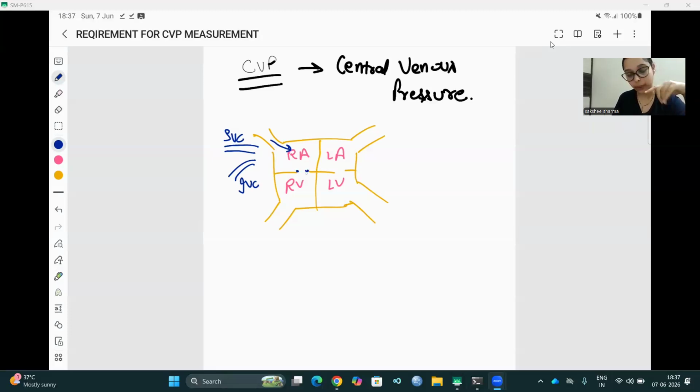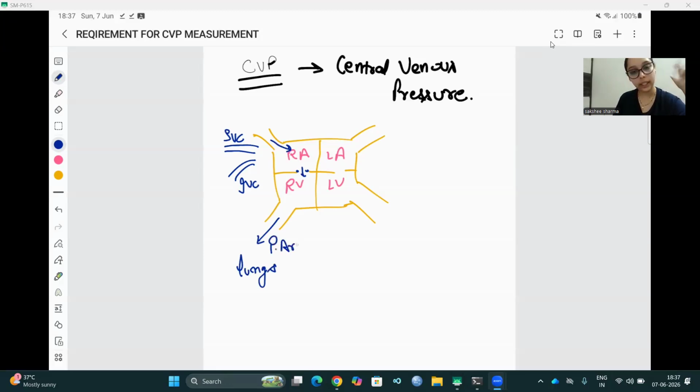From the right atrium, the blood goes into the right ventricle. From the right ventricle, the blood goes to the lungs through the pulmonary arteries, right?